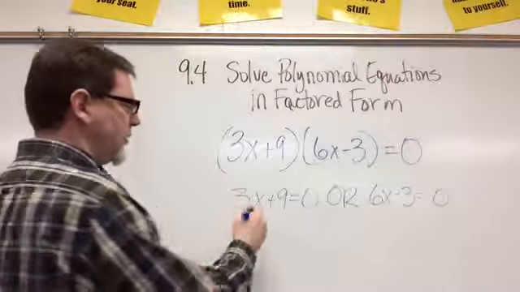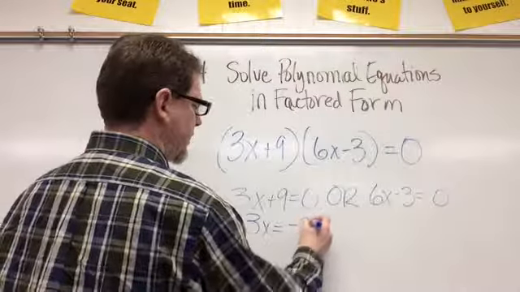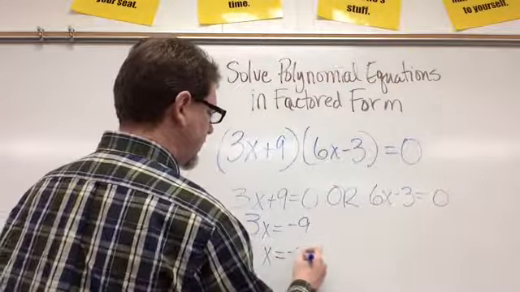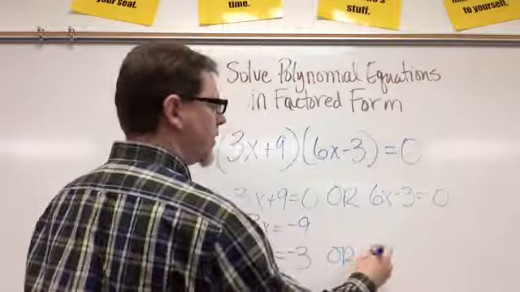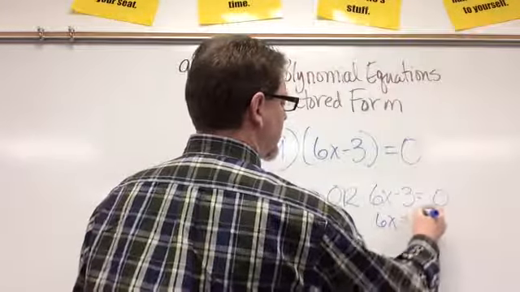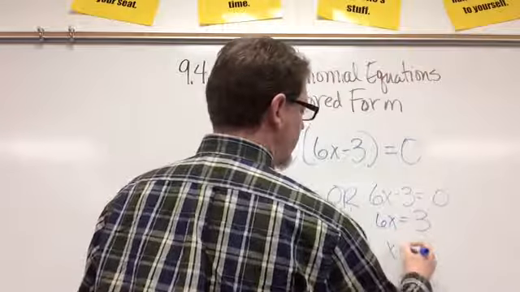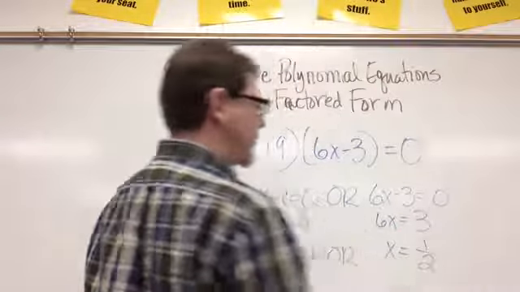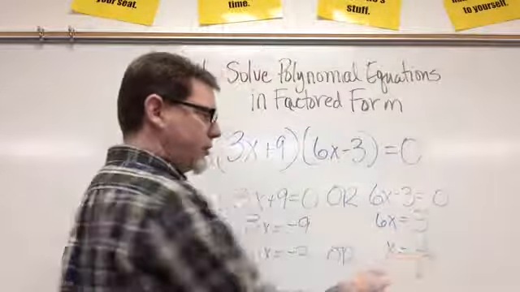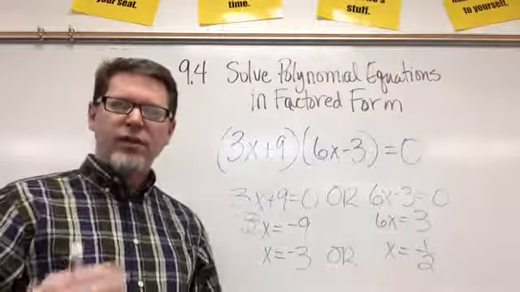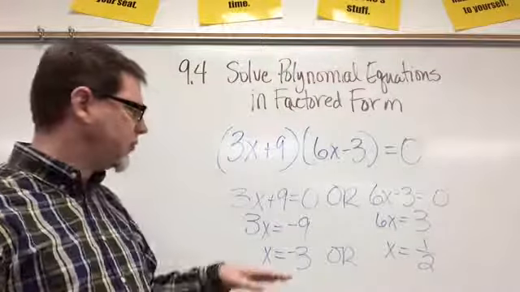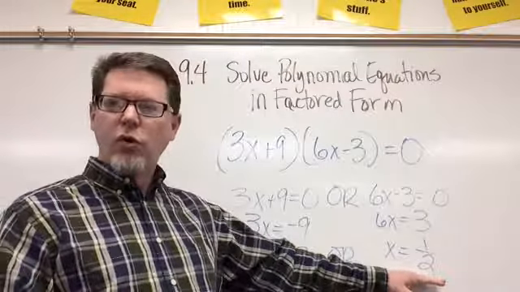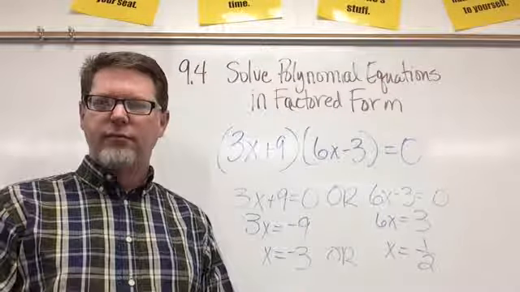And so we're going to solve them. 3x equals negative 9, so x must equal negative 3, or 6x equals 3, so x must equal 1/2, because you divide both sides by 6 and you simplify to 1/2. So the solution to this equation would be x equals negative 3, or x equals 1/2.